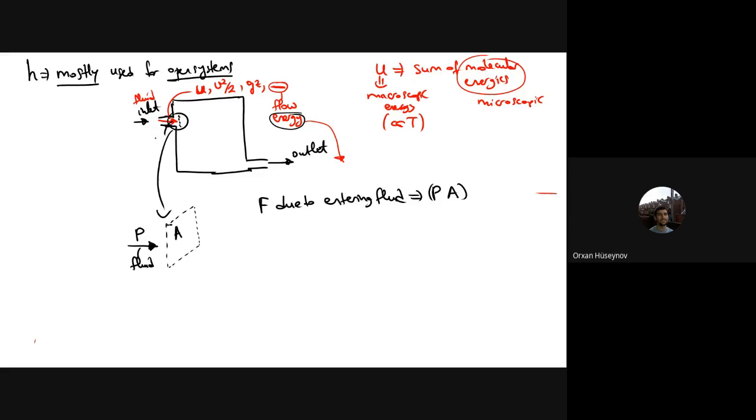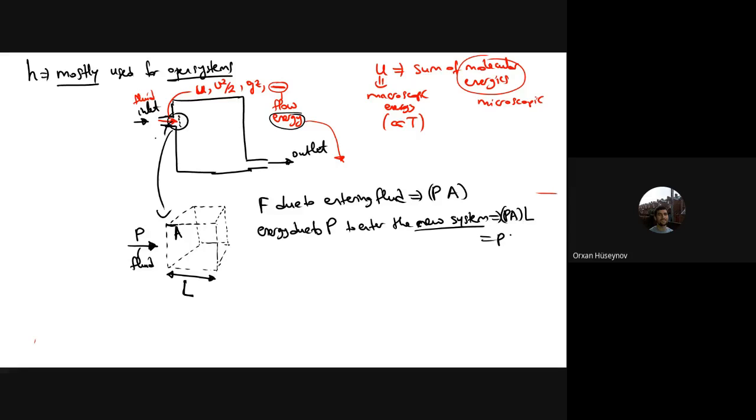Let's assume that this is the length L. So the energy for the fluid to enter the new system, this vessel, will be PA multiplied by L. Instead of A times L, you can write PV.